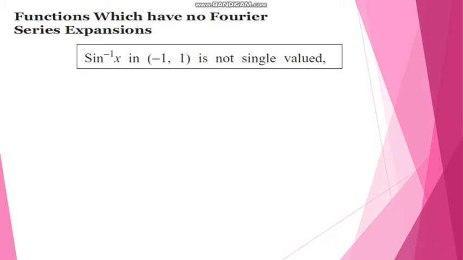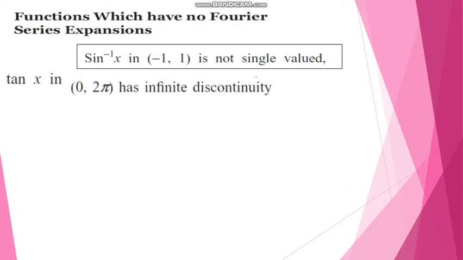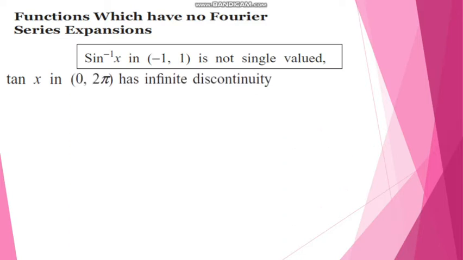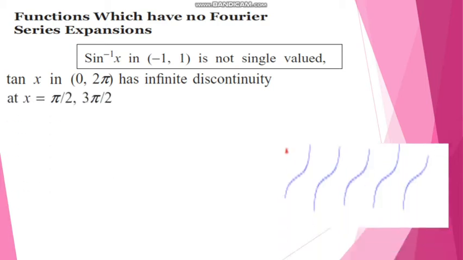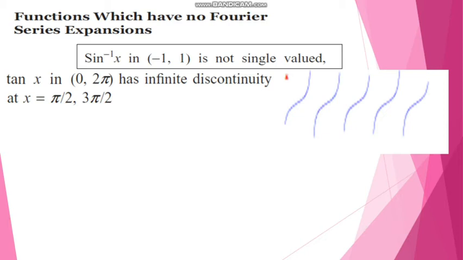Coming to another example, the function tan x that is defined on a finite interval 0 to pi has an infinite number of discontinuities, especially at x equal to pi by 2 and 3 pi by 2. You can see the graph of tan x, and it has an infinite number of discontinuities.